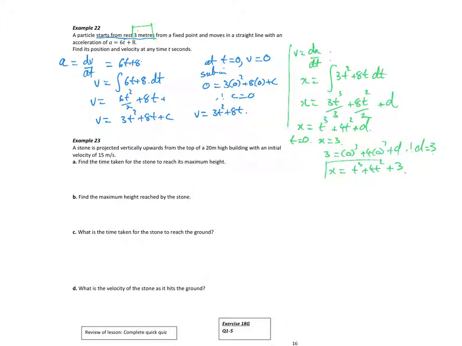So there's my position, velocity, and acceleration formulas. And then if I needed to work out a few other things, like when is a particle stationary, when is it at a furthest distance away, I work with those different rules.